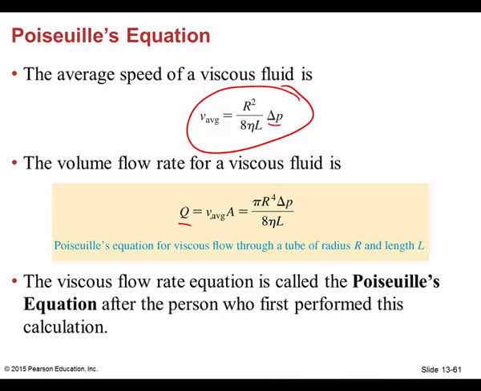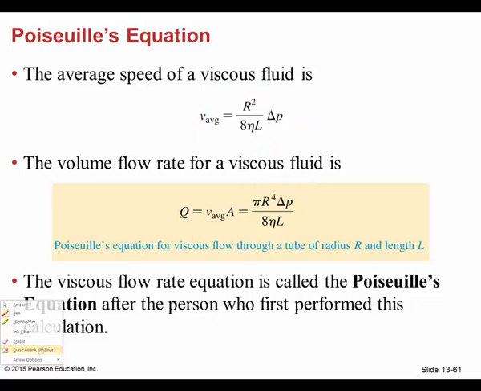Q is equal to the average velocity times the area, which is equal to pi times the radius to the fourth power times the change in pressure divided by 8 times Poiseuille's constant times the length. Okay? All right, so you can solve it either way there. You can use this one, or if you have to, you can use that one. Okay? All right, so I hope you're writing these equations down. And that's it.